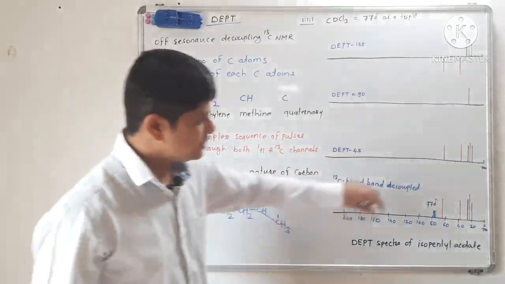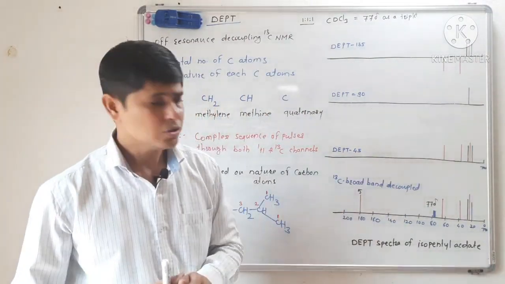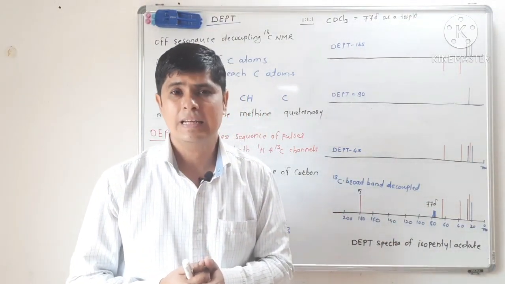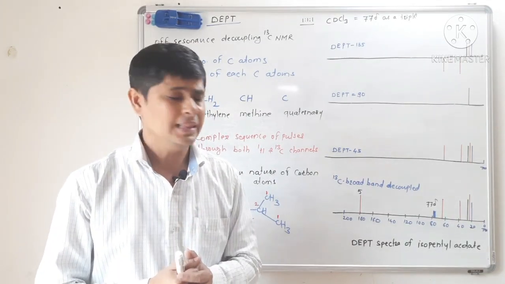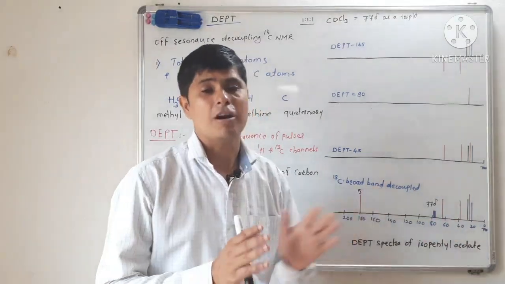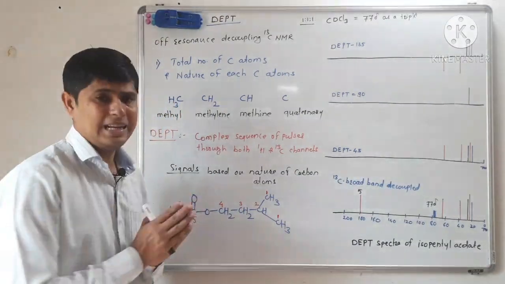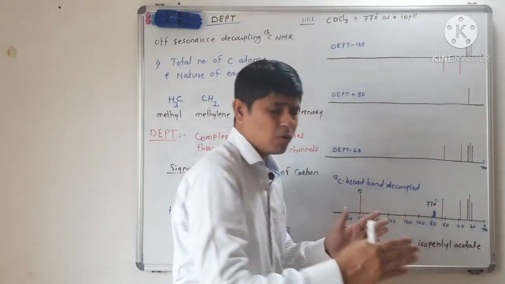Now our job is to assign the rest of the signals also. It is a little bit complicated to assign these signals of the broadband decoupled carbon 13 NMR spectrum of isopentyl acetate, because they are coming closer to each other.